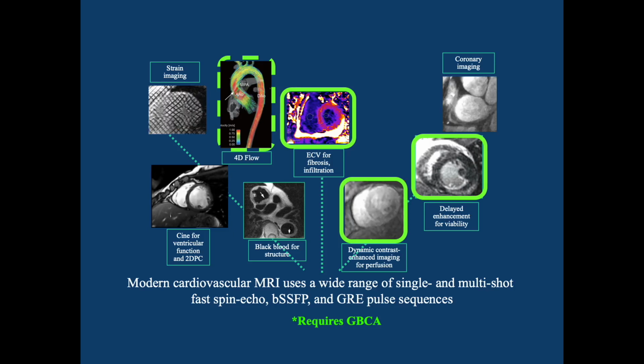And this ranges from basic anatomic imaging, such as black blood imaging for structure, cine imaging to look at ventricular function, delayed gadolinium enhancement to look at viability and infiltrative disorders, flow imaging to look at flow in the major vessels, as well as other more experimental techniques.